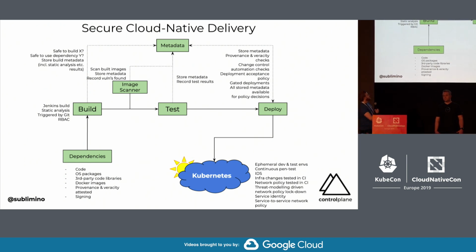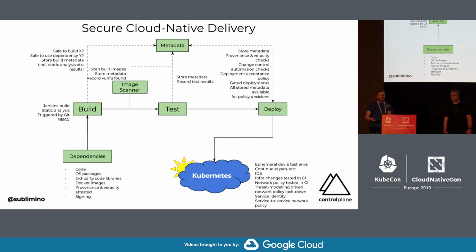So this is things like we're storing metadata, and we're verifying metadata all the way through our pipeline. We're doing image scanning to ensure we aren't accidentally introducing CVEs that someone could then take into our infrastructure. And we've got our dependency packages, we're scanning those as well.